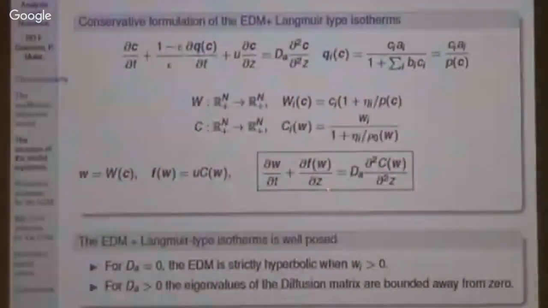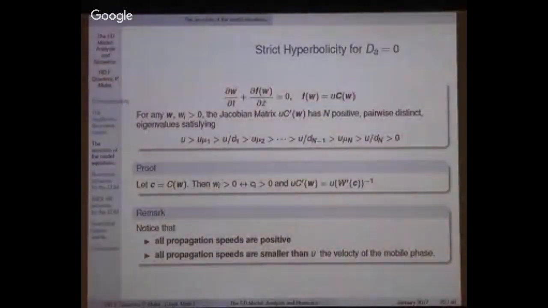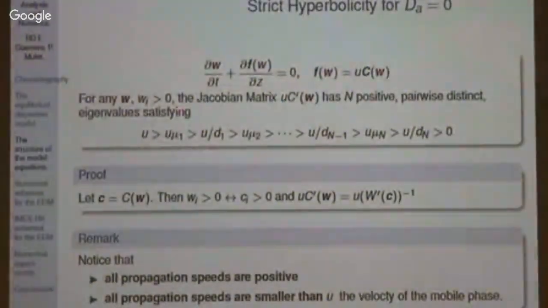If dA is positive, we can also show that it's a well-posed convection diffusion system. And I repeat the information that I gave before. Here is the convective derivative, which is the Jacobian matrix.